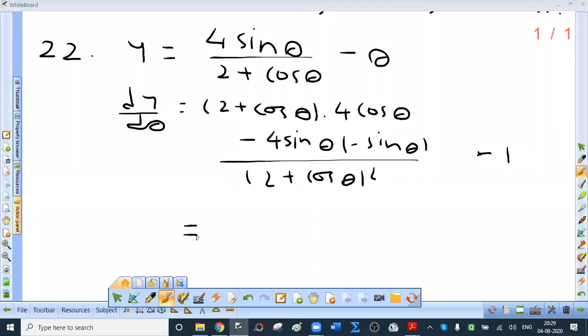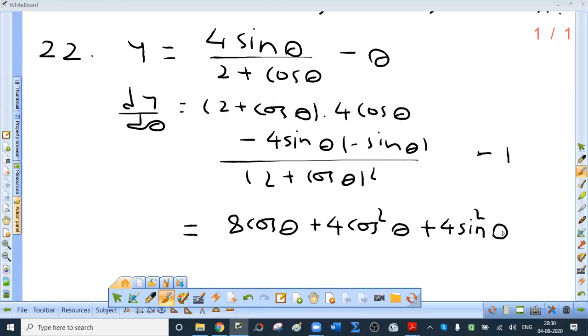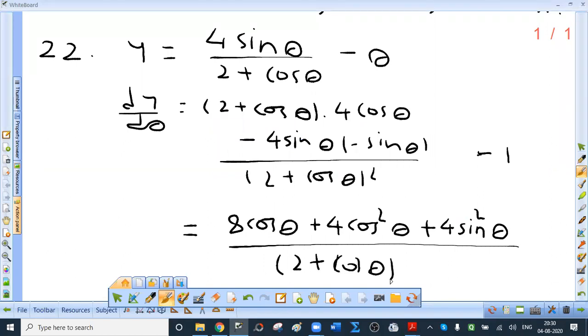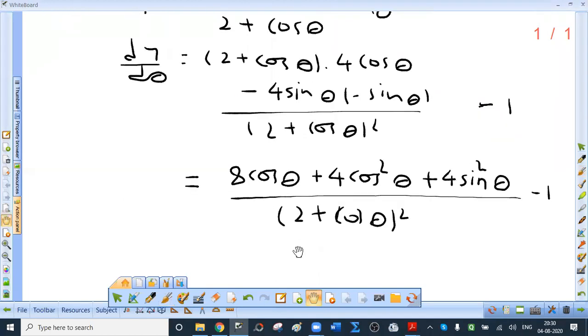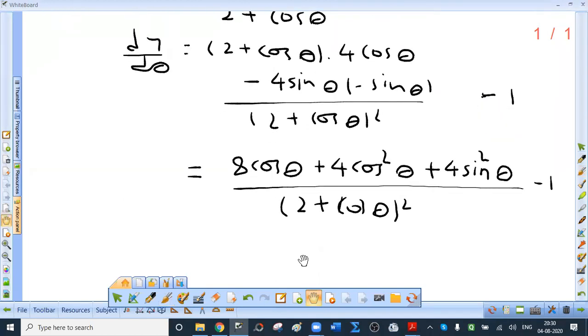Okay, now simplify this. So this becomes 8 cos theta plus 4 cos square theta plus 4 sin square theta, denominator as it is, 2 plus cos theta bracket square, minus 1. Now how will you simplify this further? Take 4 common from cos square theta plus sin square theta.